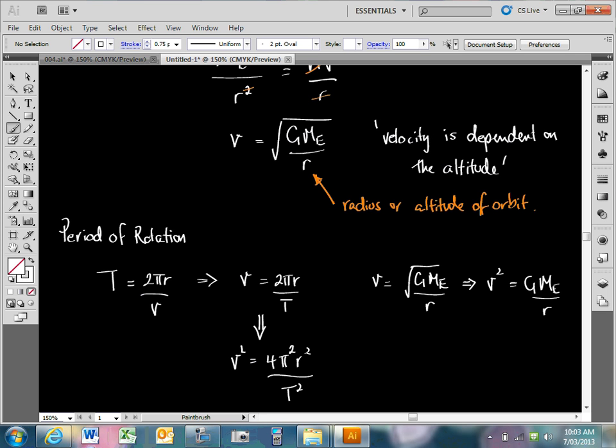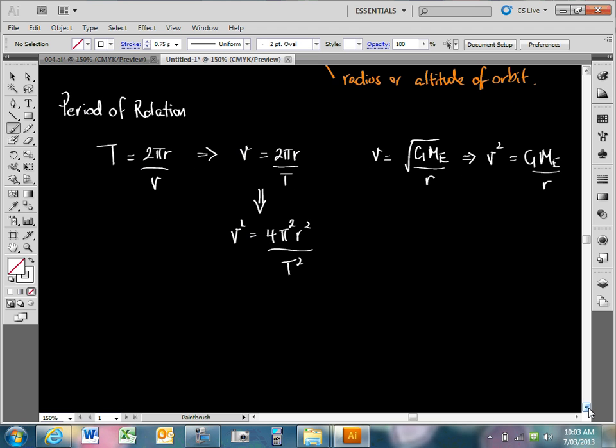If I then equate those two v squareds, G M_E on R equals 4 pi squared R squared on T squared. Stop me if you're not following.